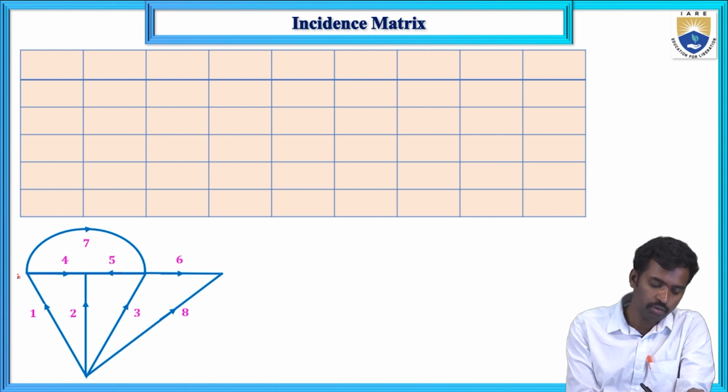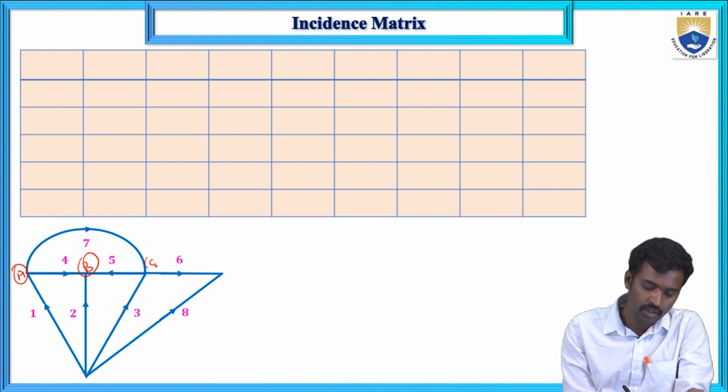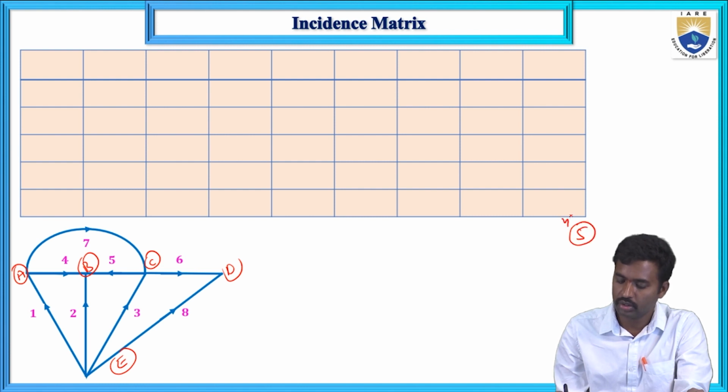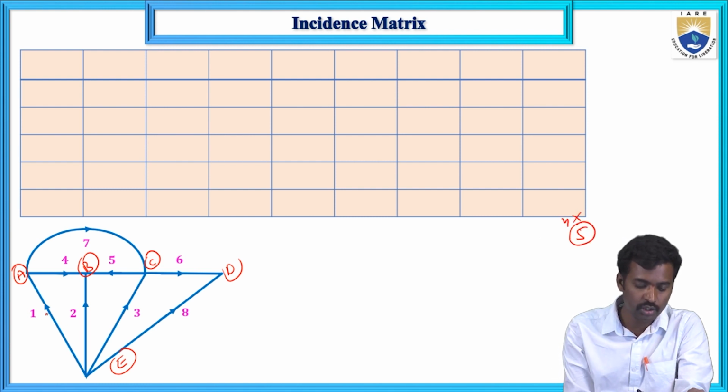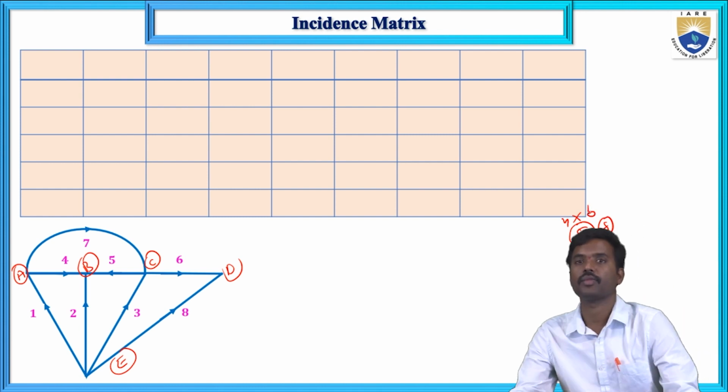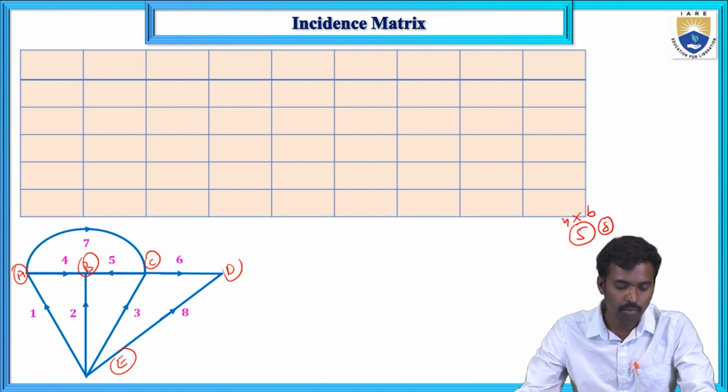Here the possible nodes are A, B, C, D and E, so 5 nodes, and branches 1, 2, 3, 4, 5, 6, 7, 8, so 8 branches.